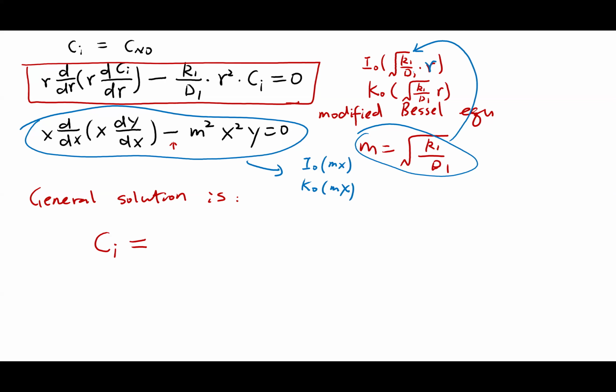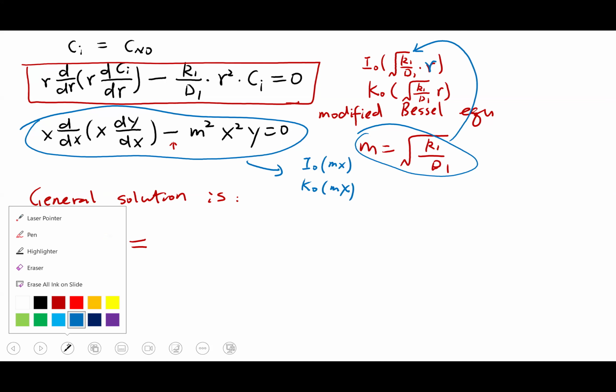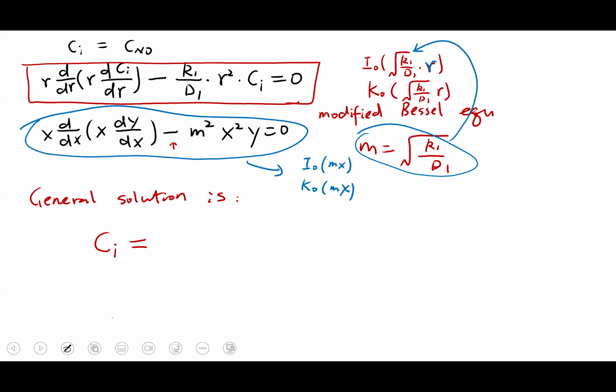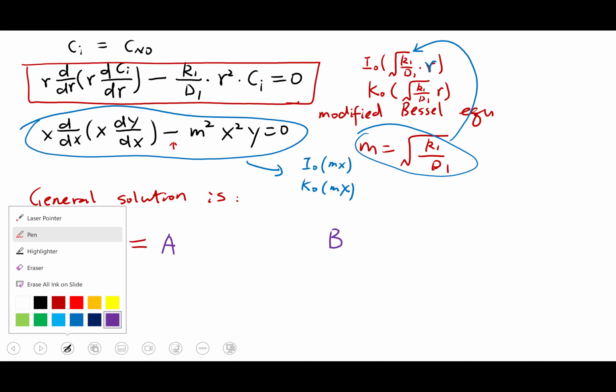So when we say the general solution is a linear combination of two functions, before each of the functions we are going to have a constant number. In this case, let's call them A and B. So you have two constant numbers, A and B, times each of them.